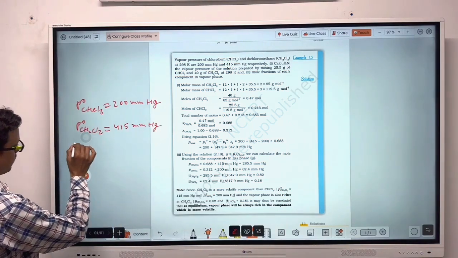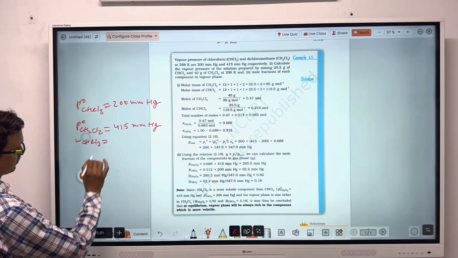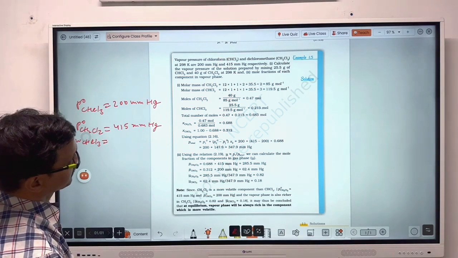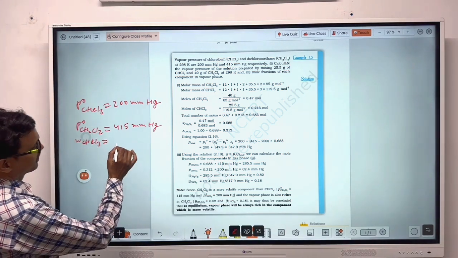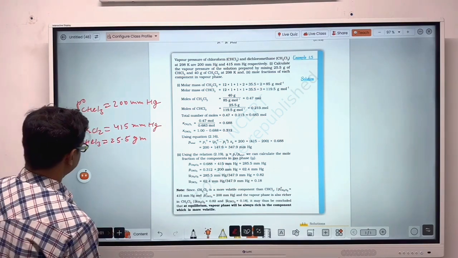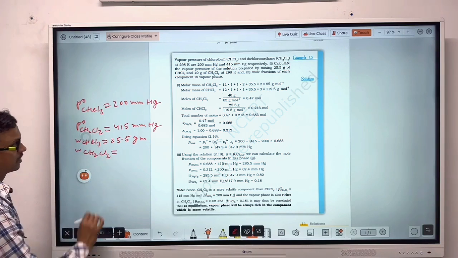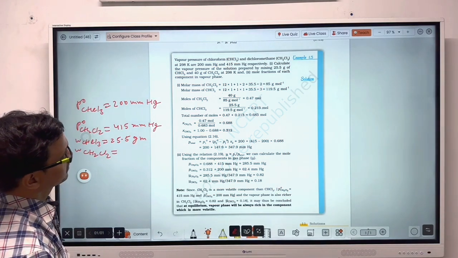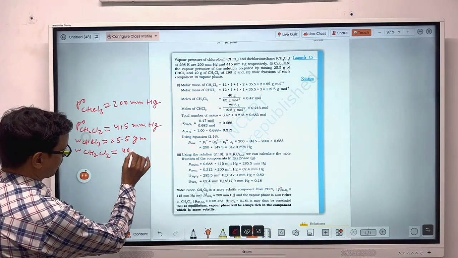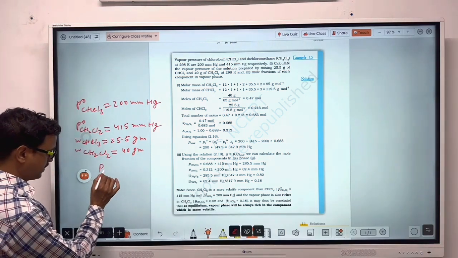The weight of chloroform inside the solution has been given, that is 25.5 gram, and the weight of dichloromethane inside the solution has also been given, that is 40 gram, and it is asking for P total.